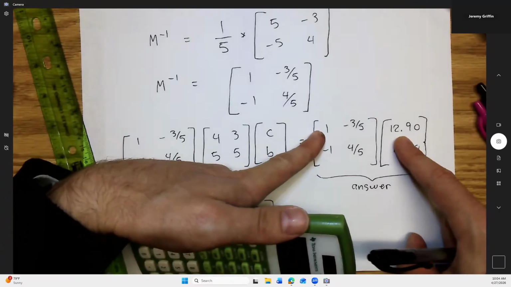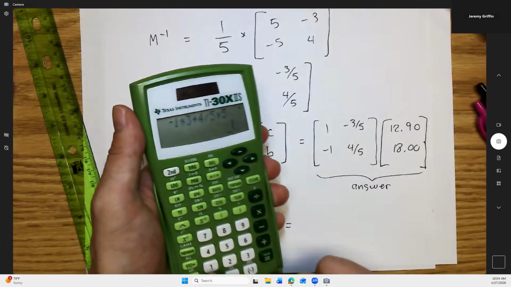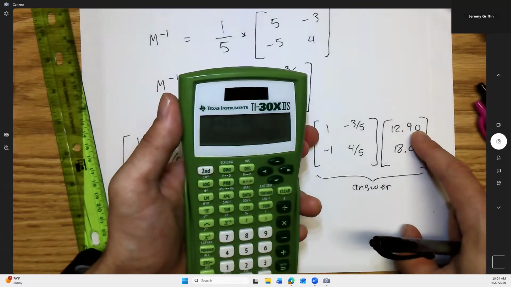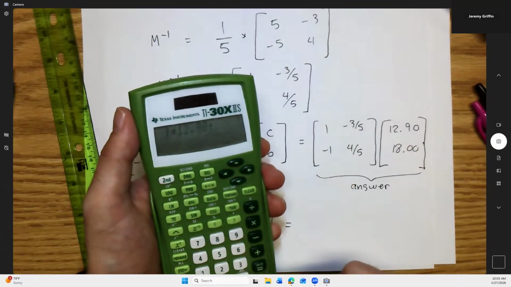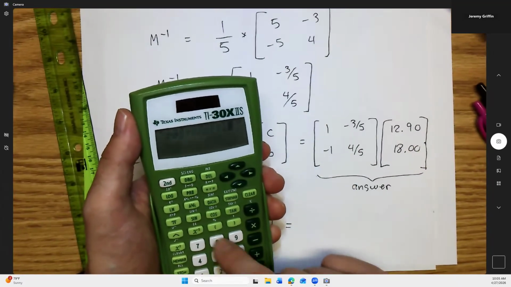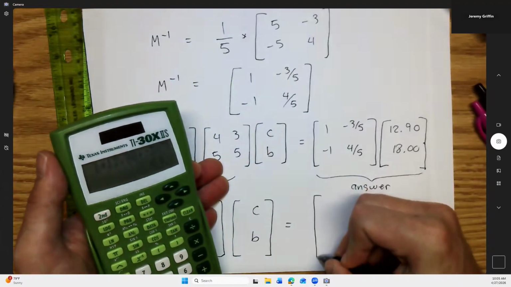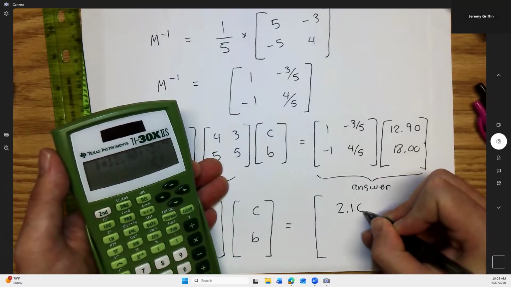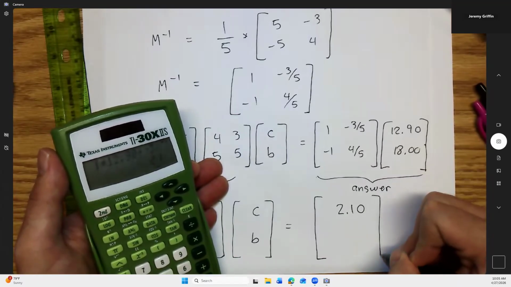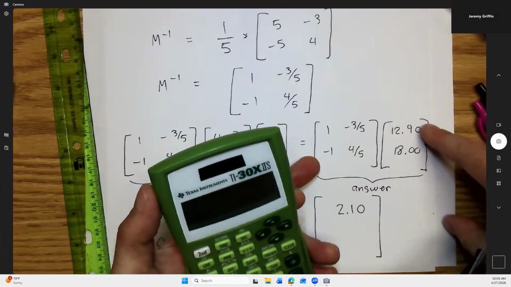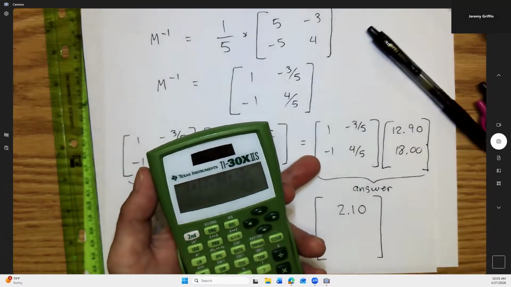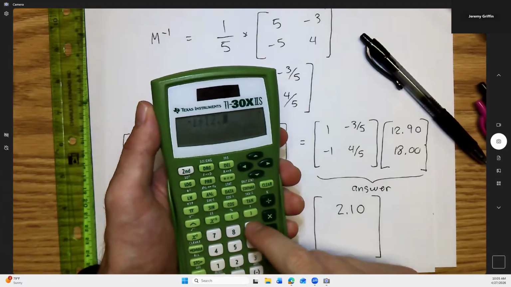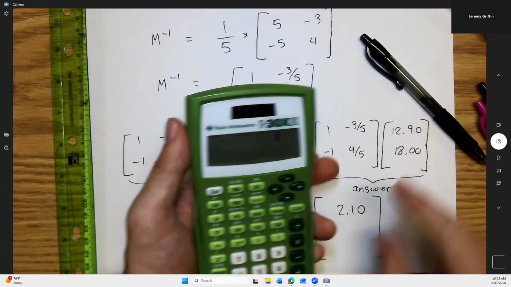So let's do 1 times 12.90 plus -3 fifths times 18. And I'm getting 2.10. Then down here I got -1 times 12.90 plus 4 fifths times 18.